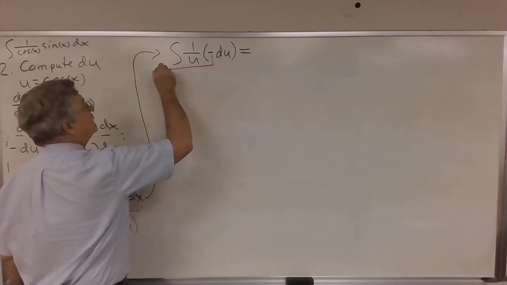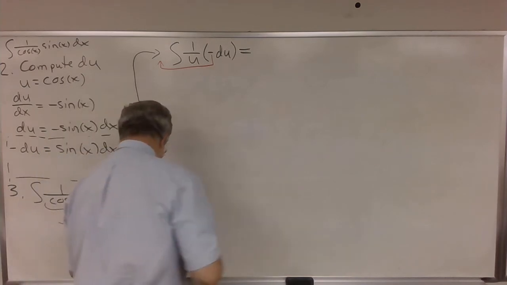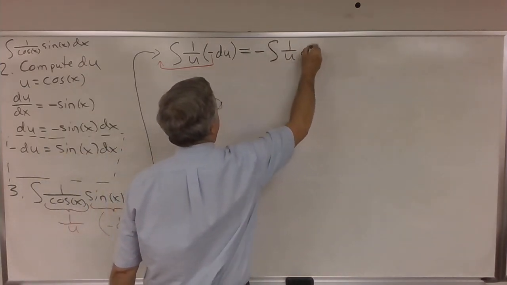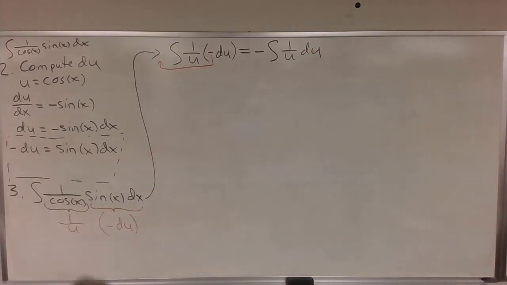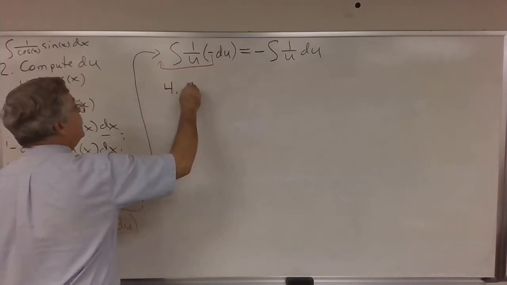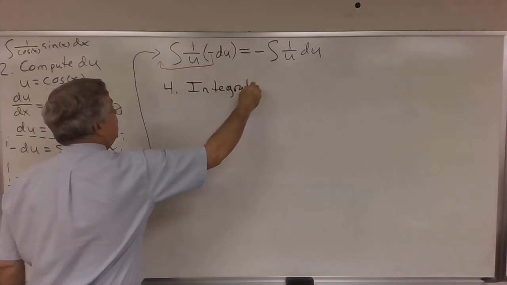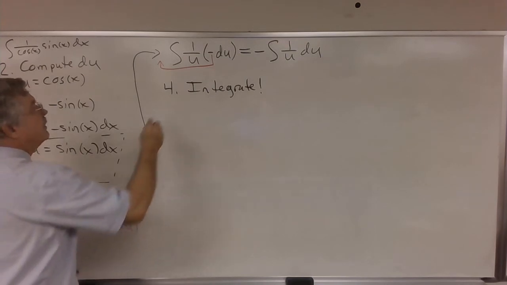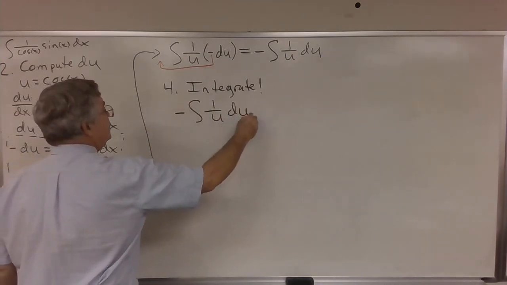We take that constant factor and move it out in front of the integral sign. Now, step 4, integrate. And we do it in terms of u. So we have negative the integral, 1 over u du.